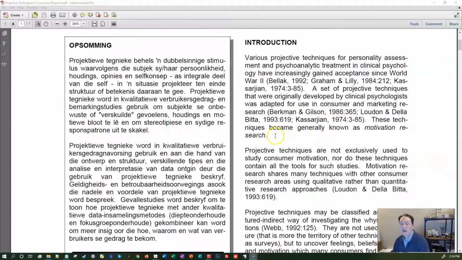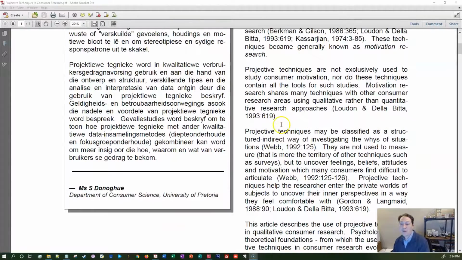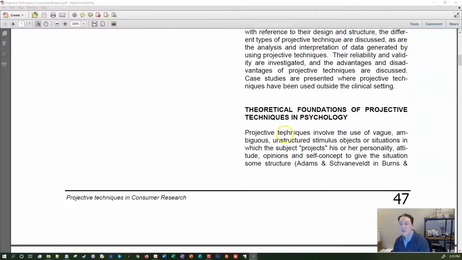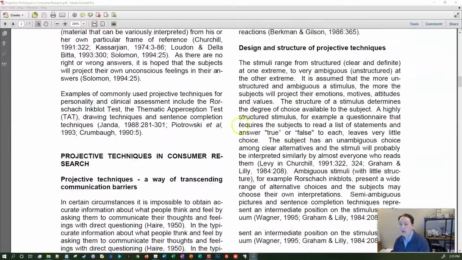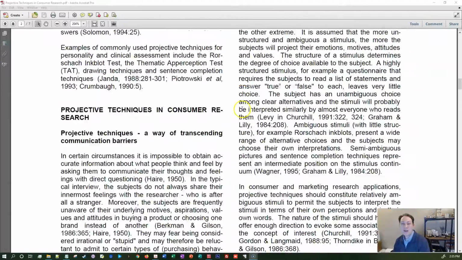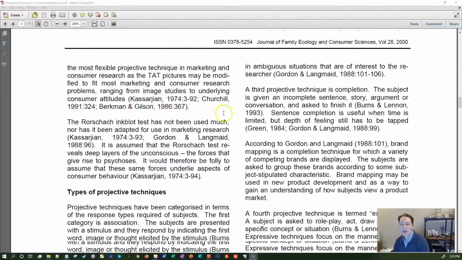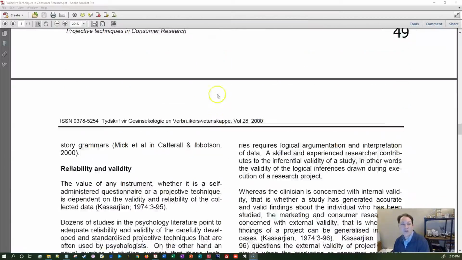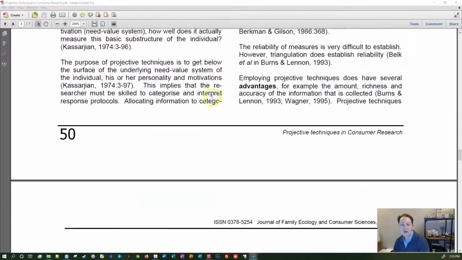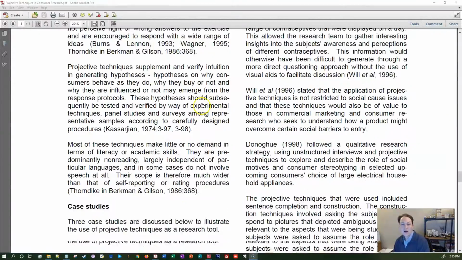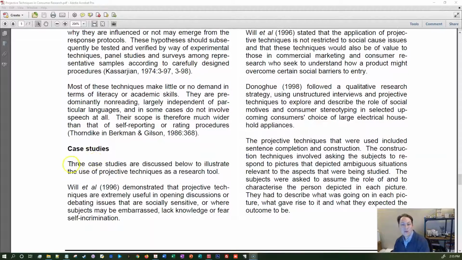It's interesting and it has some intersection with some of the things that we have already read about. But if I were you, I would recommend skipping ahead. Read the introduction and then skim until you get to the fifth page of this PDF. On the fifth page, you're going to find case studies. It says 3 case studies are discussed below to illustrate the use of projective techniques as a research tool.